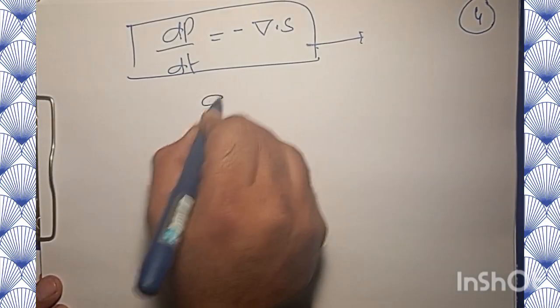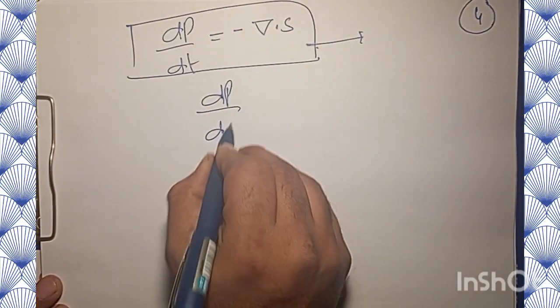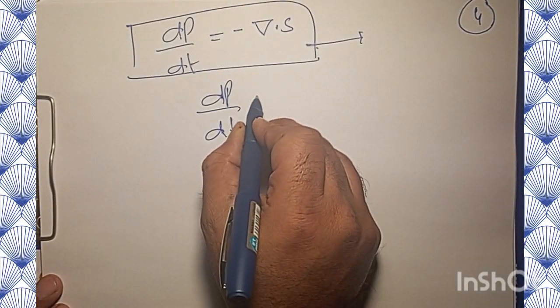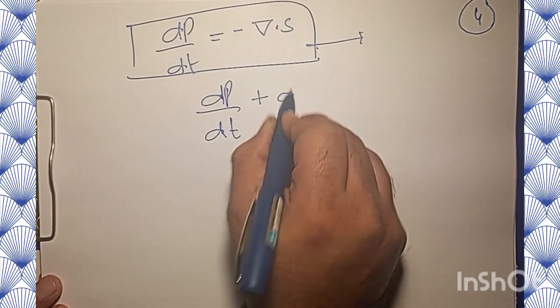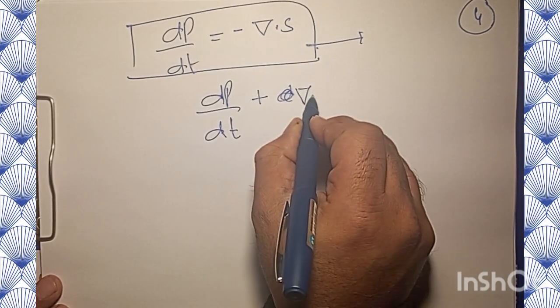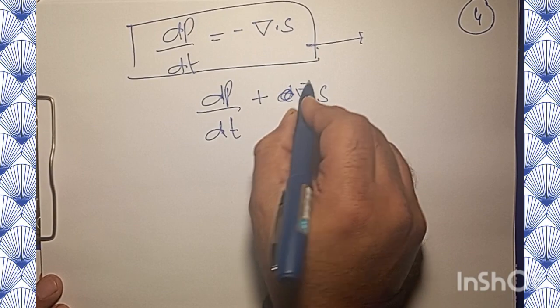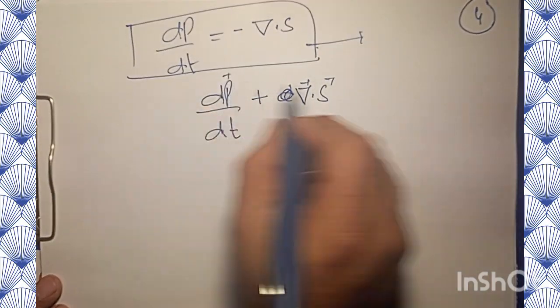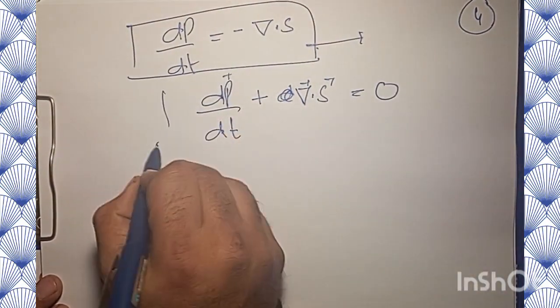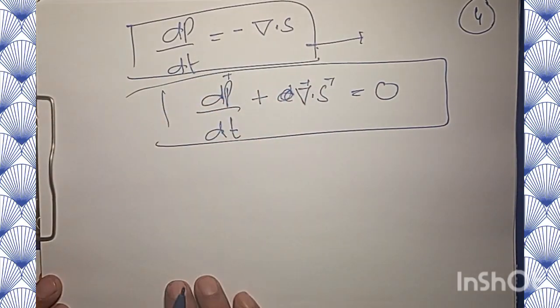Now this is something that we have seen the like of in classical mechanics: ∇·S = 0.